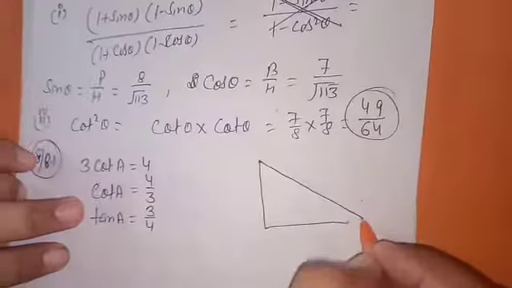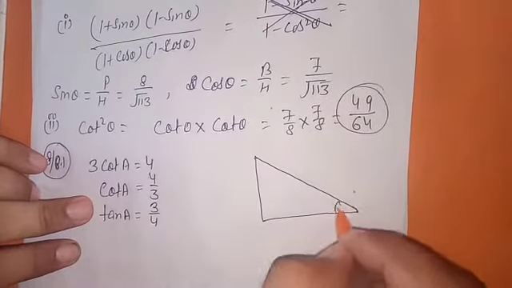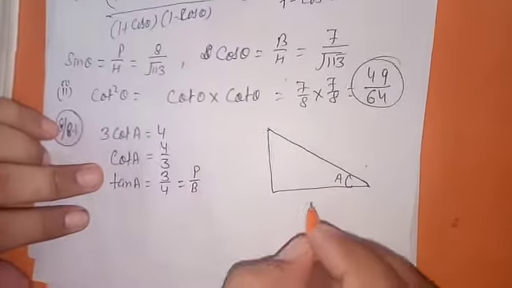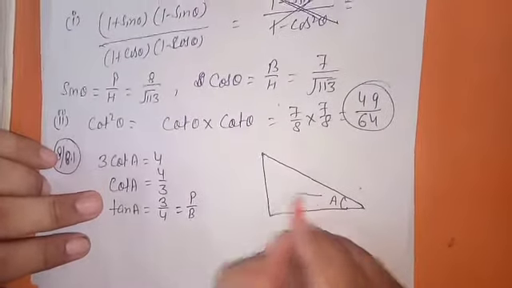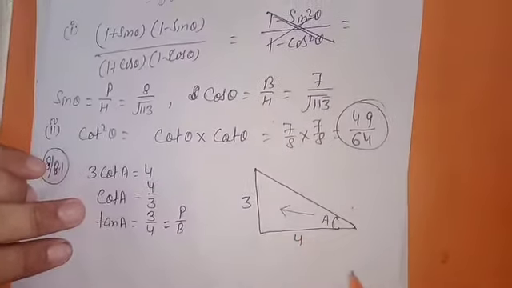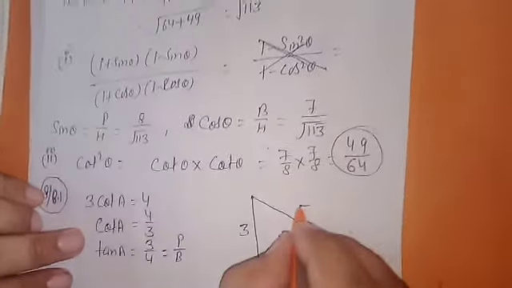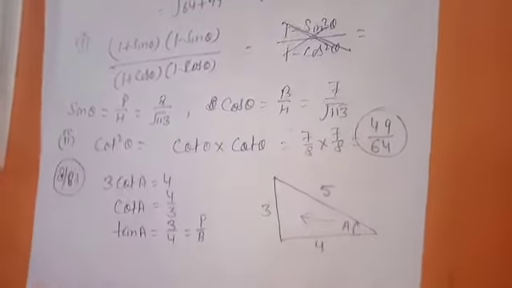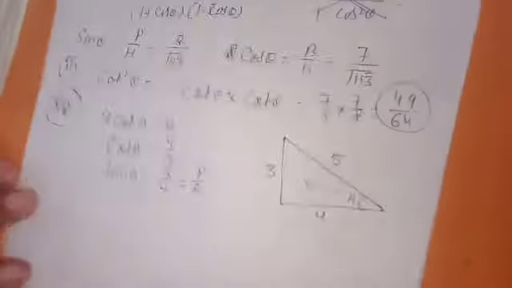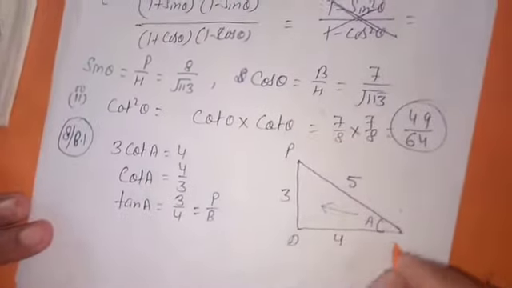Angle A is here, and you know tangent is perpendicular by base. Which is perpendicular? This. So this is 3, and this is 4. And this is 5, by Pythagoras theorem, you can easily find out: 9 plus 16, 25, 5. So this you can write P, Q, R.